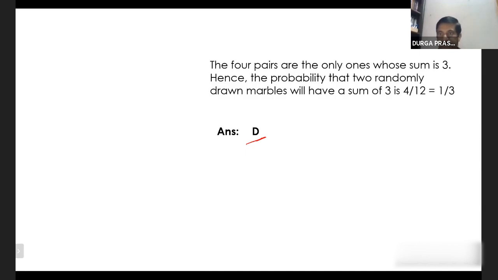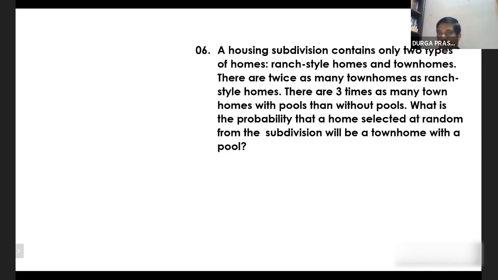Okay. So let's go to the next question. Look at this. A housing subdivision contains only 2 types of homes: one is ranch style home and the other is townhome.